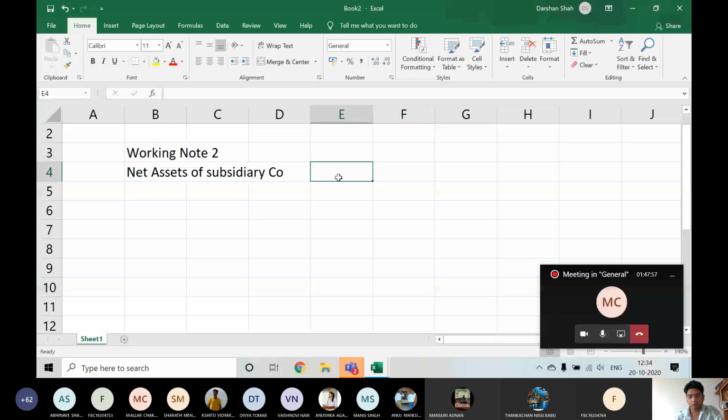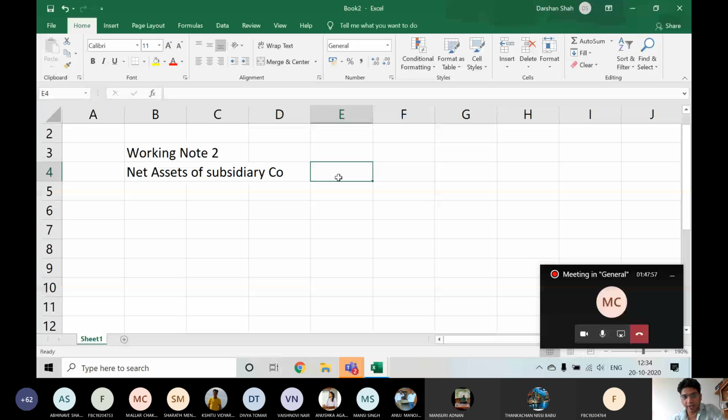It will also not be applicable over here because it is a provision, only on balance sheet date. Okay. So finally I'll get this column and this column. So this will be net assets of subsidiary company on acquisition date, the total of X. And total of Y will be net assets of subsidiary on the reporting date.